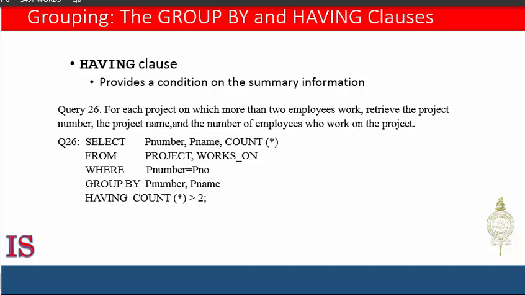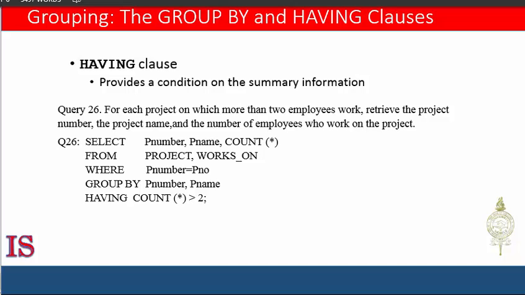Sometimes we want to retrieve values of these functions only for groups that satisfy certain conditions. It's sort of like the where statement that we've been using quite often in the past. SQL provides a having clause which can appear in conjunction with the group by clause for this purpose. Having provides a condition, same way that the where clause does, on the summary information regarding the group of tuples associated with each value of the grouping attributes.